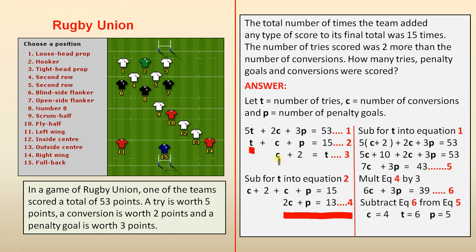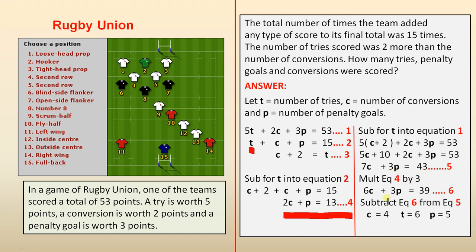So wherever we see C plus 2, we put C plus 2 here. So we have 5 outside of C plus 2, plus 2C plus 3P equals 53. Simplifying that, 5C plus 10 plus 2C plus 3P equals 53. And the final simplification, 7C plus 3P equals 43.